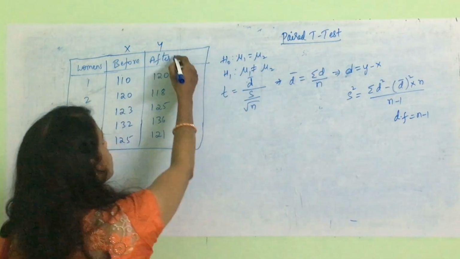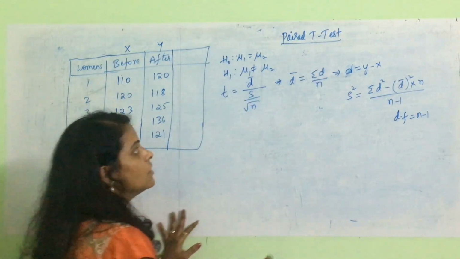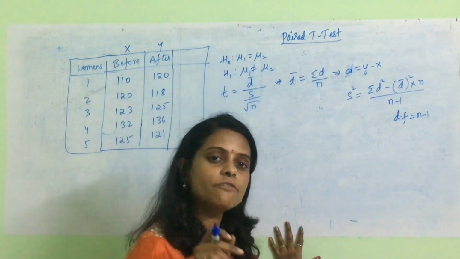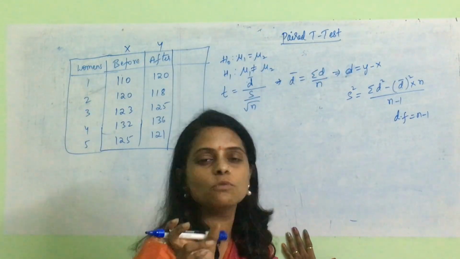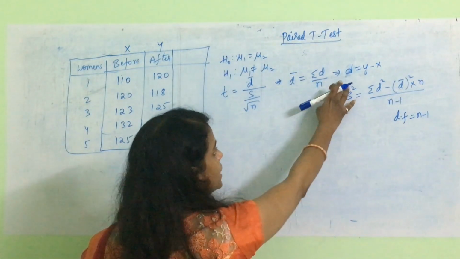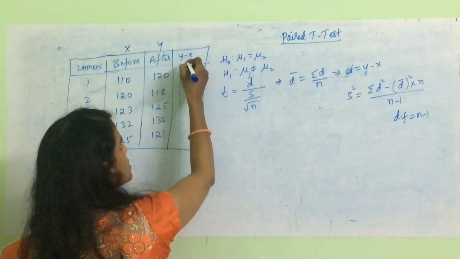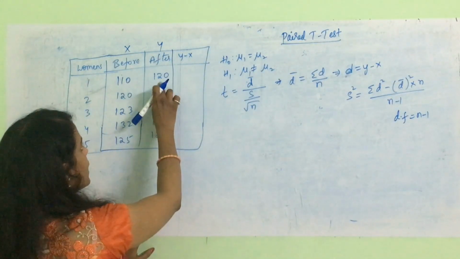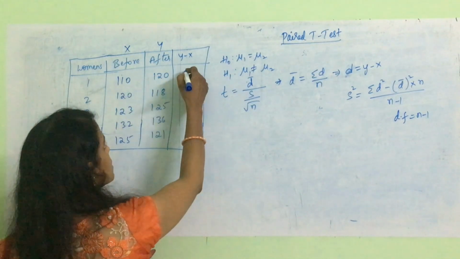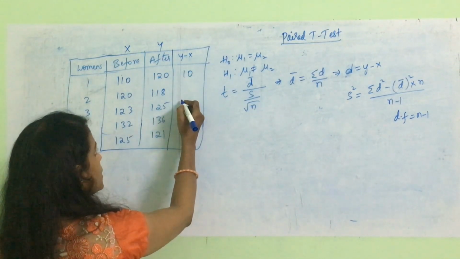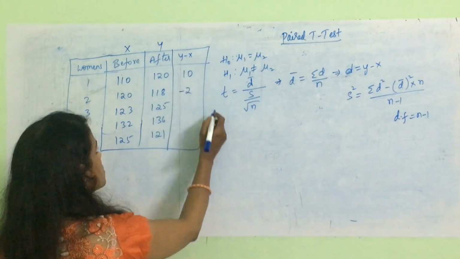First we have to find the d value. Always remember, look at the formula and you will know what to find. So the d value is y minus x. This is y, this is x. 120 minus 110, 10. Next 118 minus 120, that is minus 2.